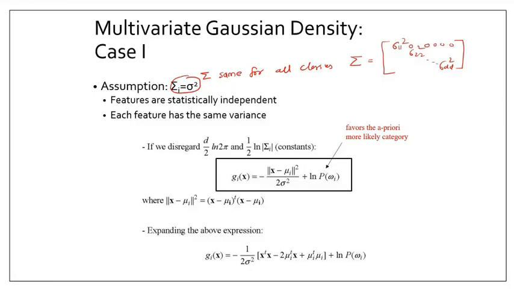So this is a diagonal matrix, and all off diagonal elements are 0.